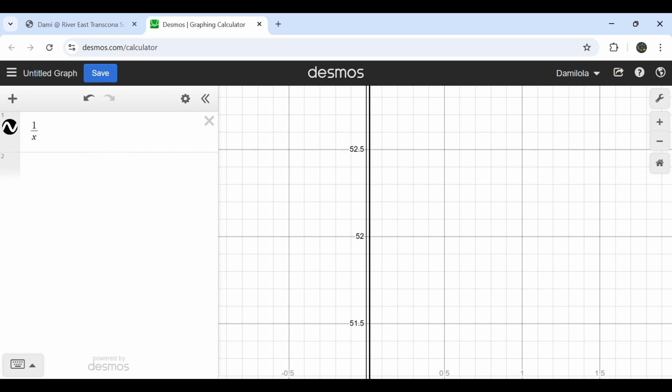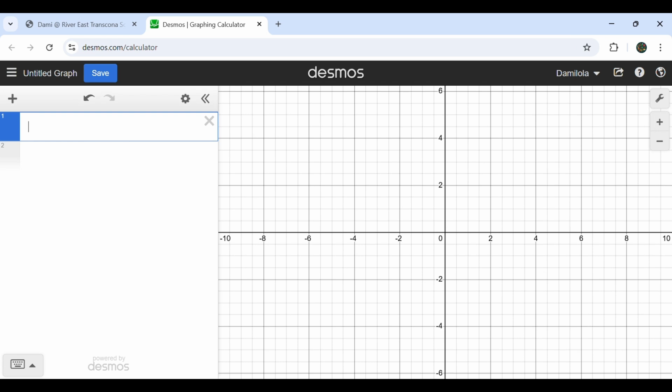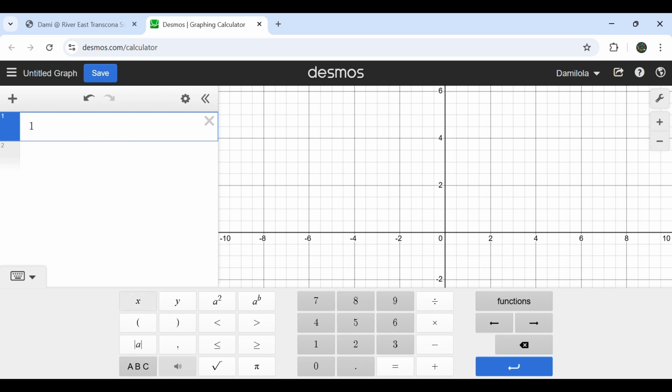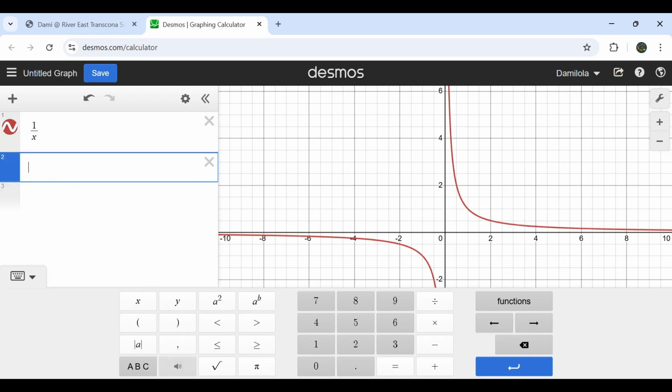You can't see the line, but if I scroll up and then zoom in and then just keep on going, you can see it is getting closer and closer to the line, but it's never meeting that line. That's one of the things I love most about reciprocal graphs.